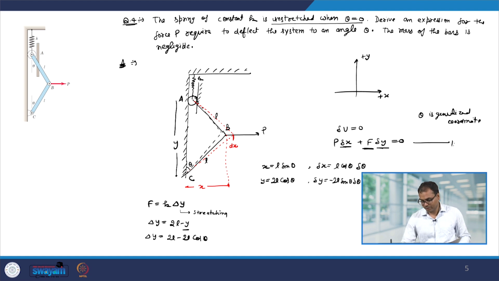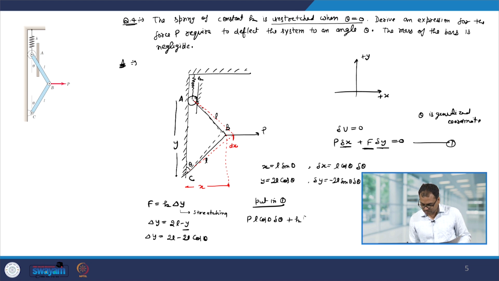Now, we can put everything in equation number 1. So, we have P times delta x, which is L cos theta delta theta, plus F, which we have calculated as k times delta y.